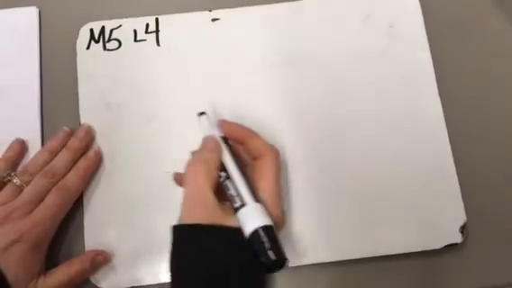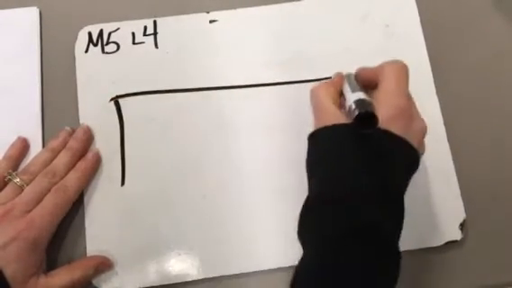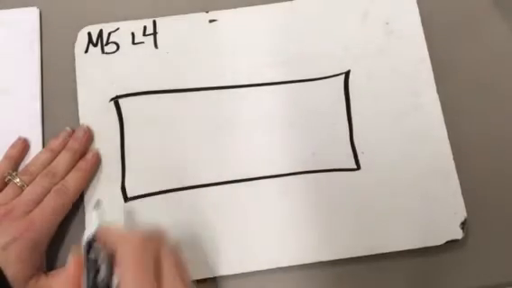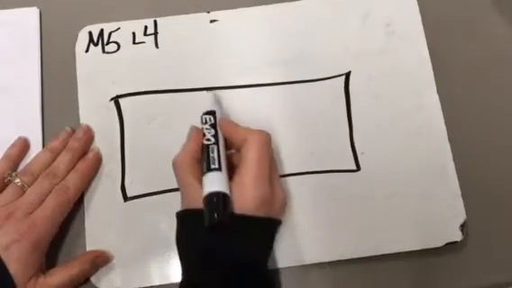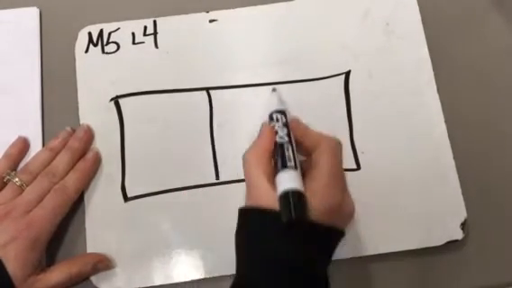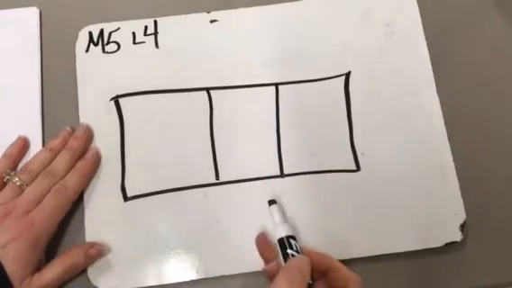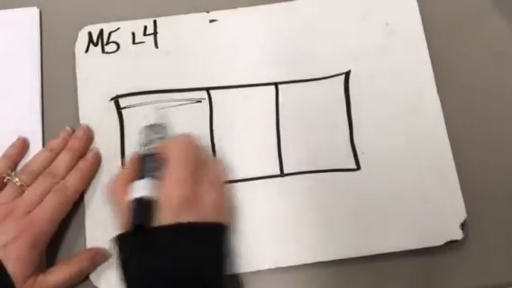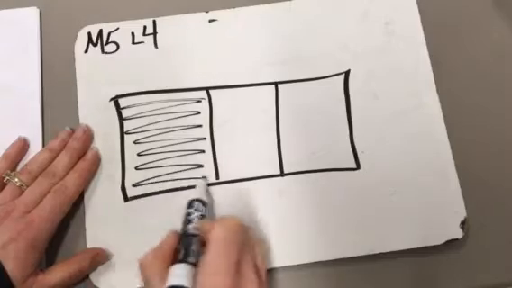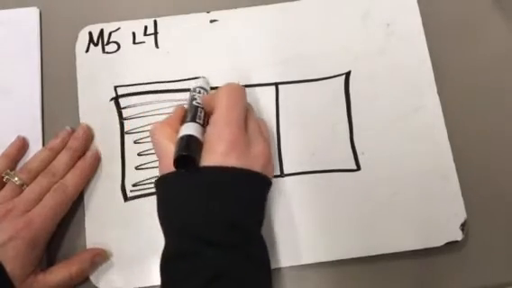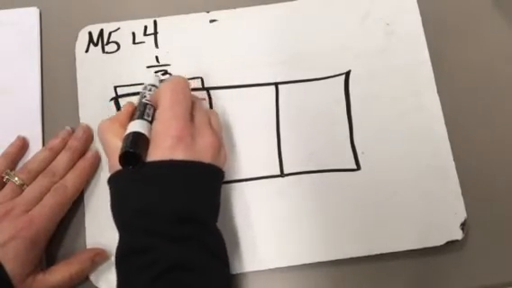What if I told you that I wanted you to cut this piece into thirds? Zoop, zoop, as best you can, not perfect. And shade in 1/3. And then label 1/3.